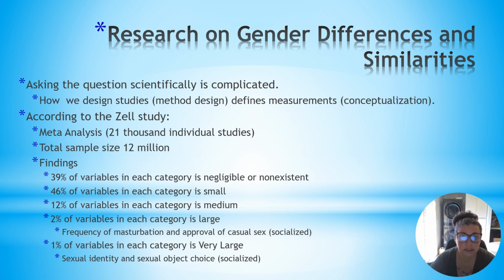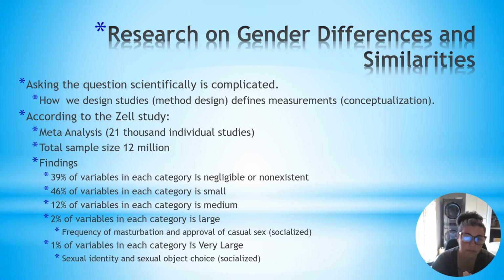And they did one study, what is called a meta-analysis, with all of those studies together. That meant that there was a total sample size of over 12 million cases, or 12 million individuals that were included within that sample size.